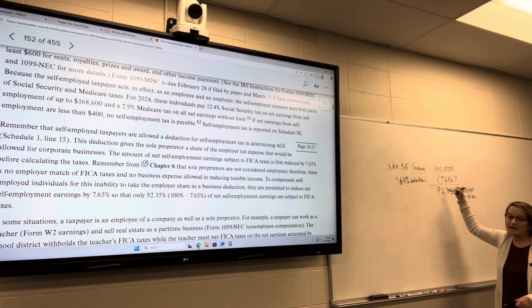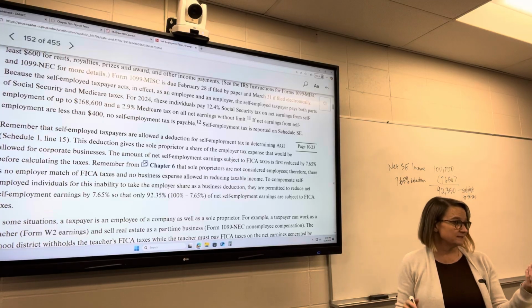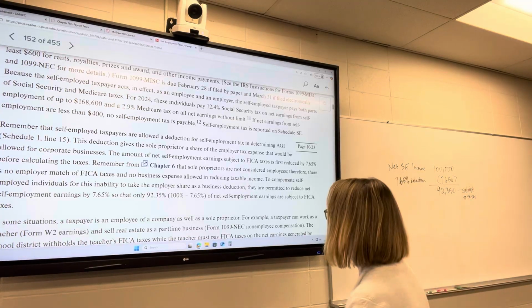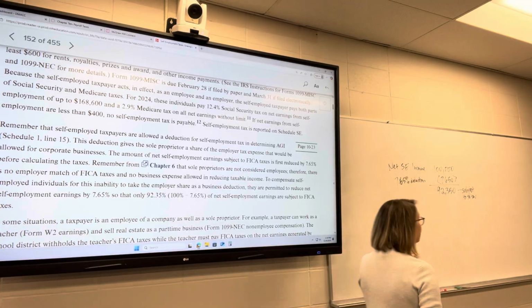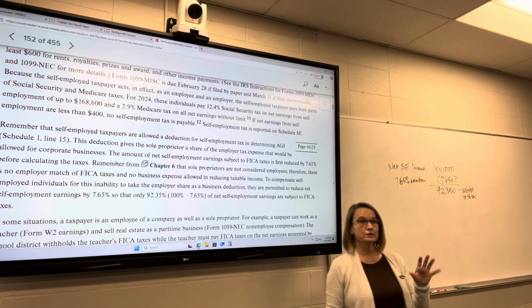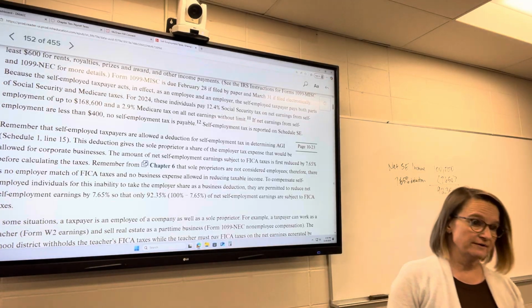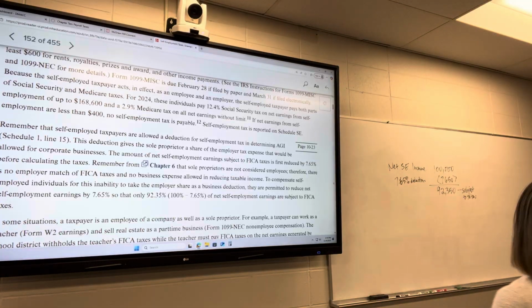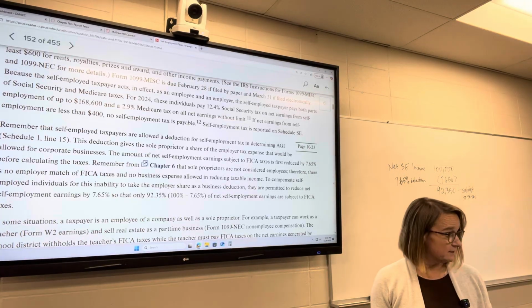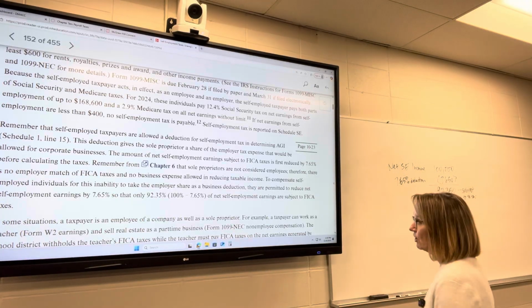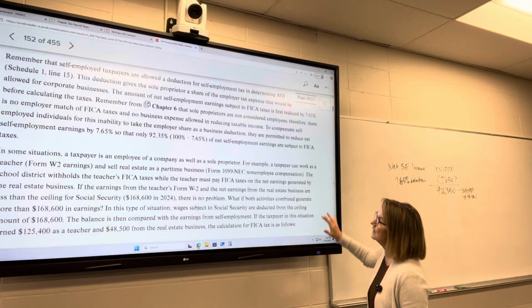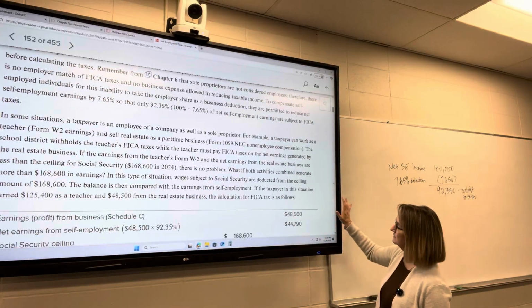So we do get that additional deduction against our self-employment income. Also, if our net self-employment income is less than $400, we don't have to pay self-employment tax on it. We're still supposed to pay income tax on it, but we don't have to pay self-employment tax on that income if it's under that level.